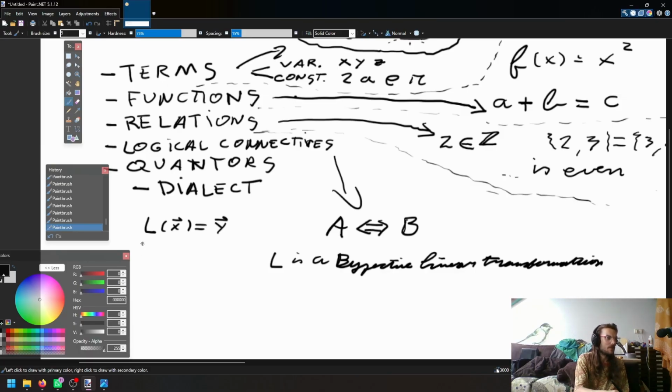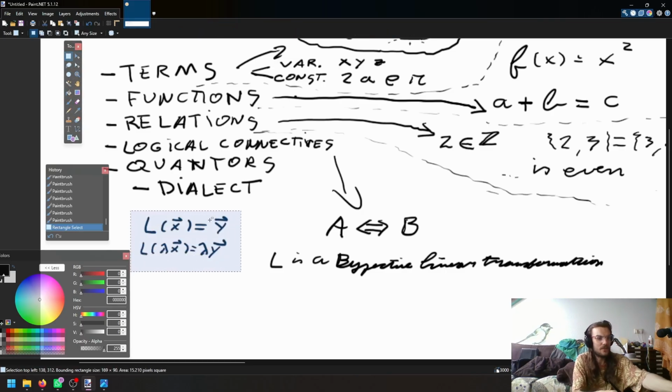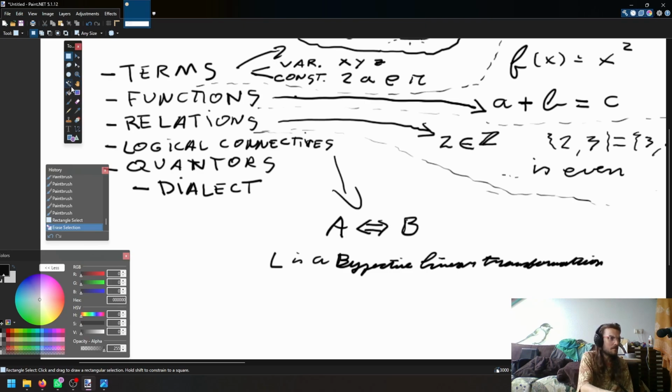And it has a few rules. For instance, if you multiply the vector with a scalar lambda, it has to multiply y with a scalar. And this means that it preserves angles. You can watch 3Blue1Brown's video about linear algebra to understand this. But this says something about linear transformations that are bijective.